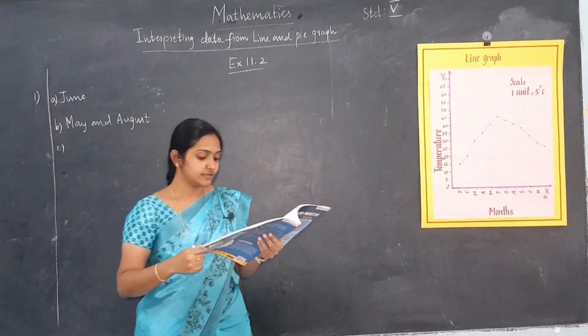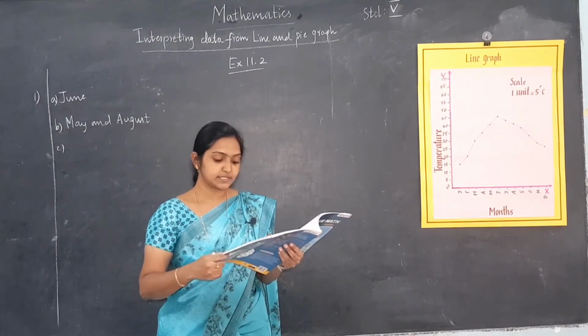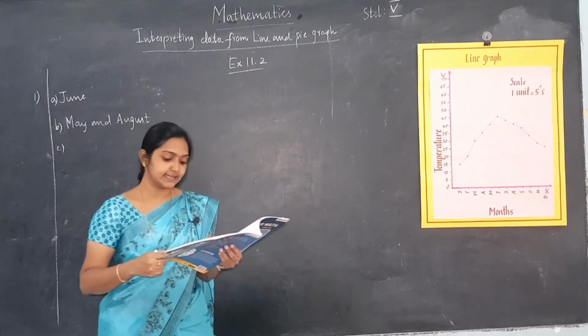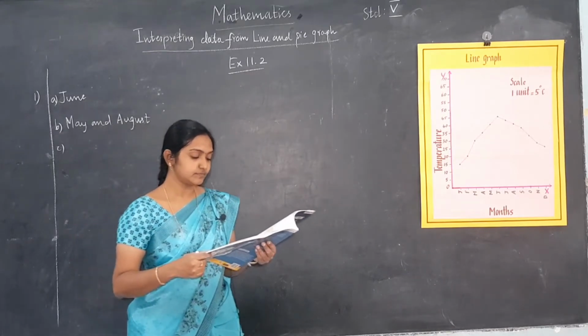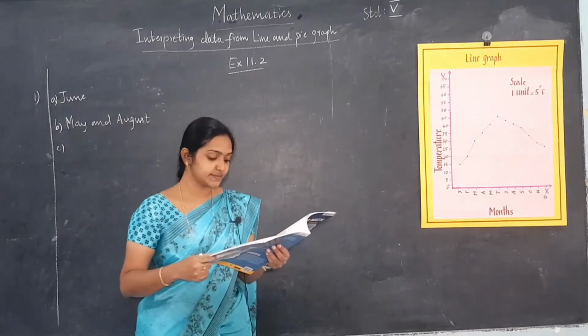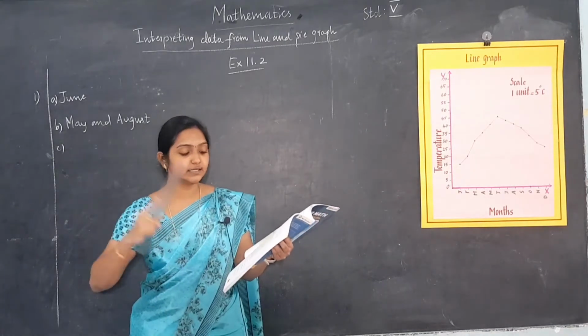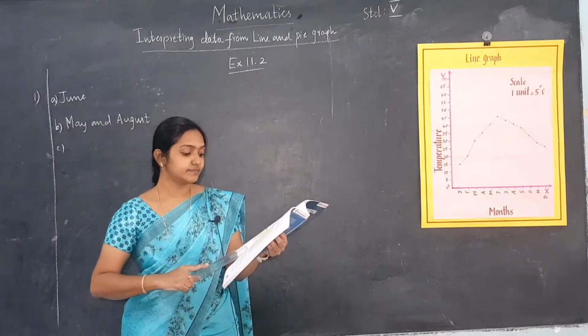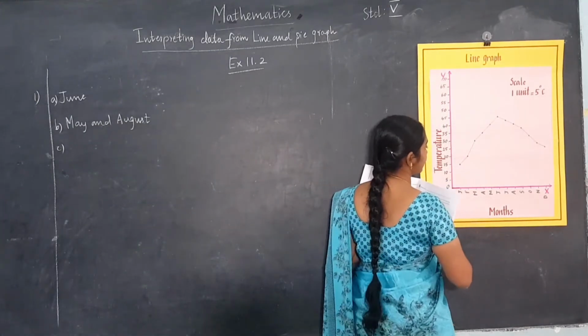Next, the average temperature in the month of September was higher than in April. Is the statement true or false? The statement is given as the temperature in the month of September was higher than that in April. We have to compare September and April.